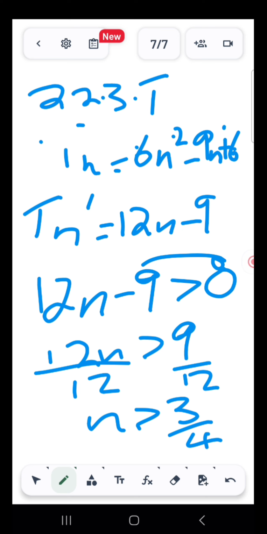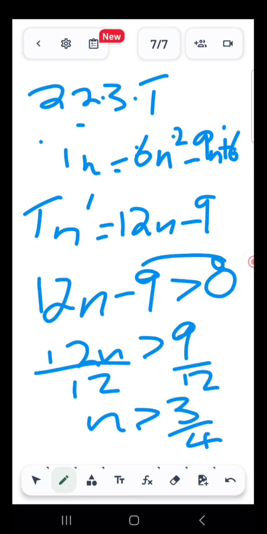So in other words, what does that mean? It means that if you substitute into the formula Tn equals 6n squared minus 9n plus 6 numbers above 3 over 4 going upwards, then your answer will always increase.